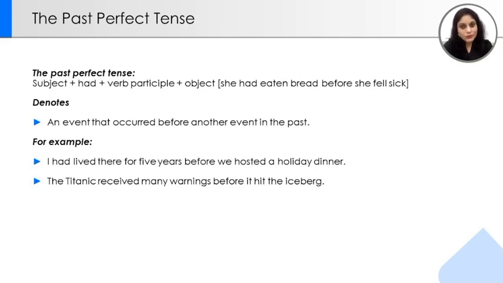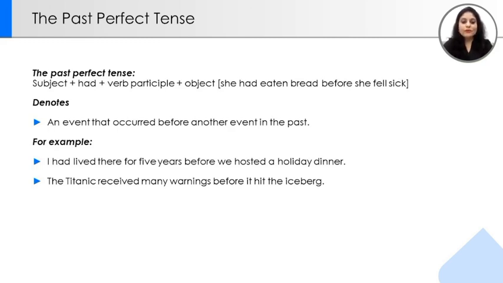Now, the point to note here is that in the past perfect tense, there are two events. Both these events have occurred in the past, but one of these events has occurred before the second event. I will give you an example to illustrate this point.